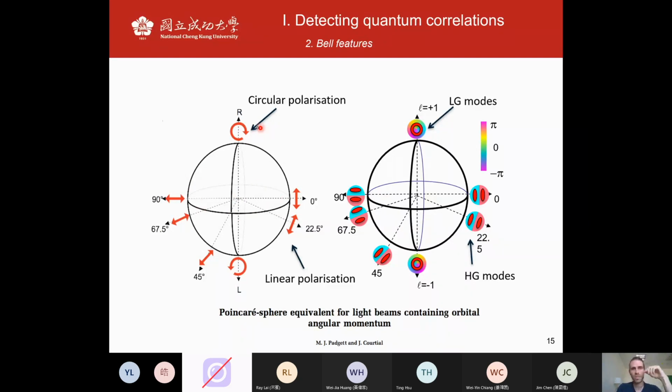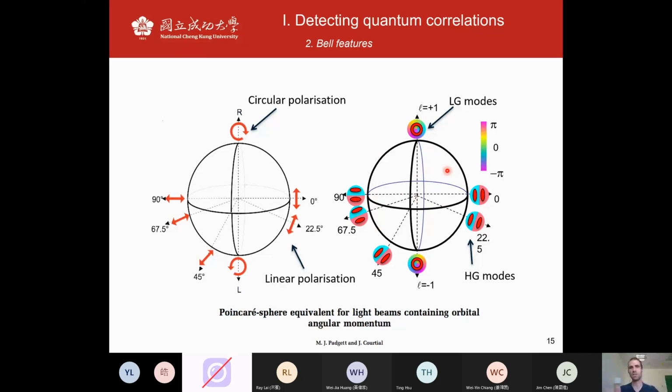We wanted to do that in images, dealing with spatial features. And one spatial feature that can map onto this Bloch sphere is the OAM, the orbital angular momentum of light.